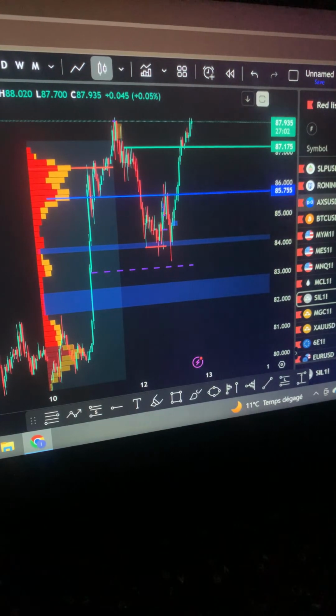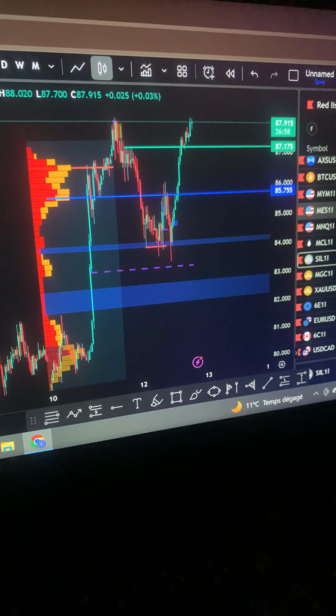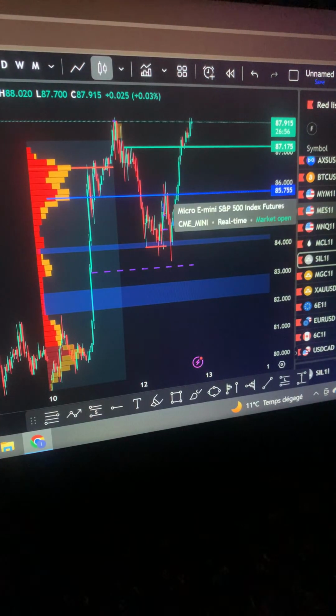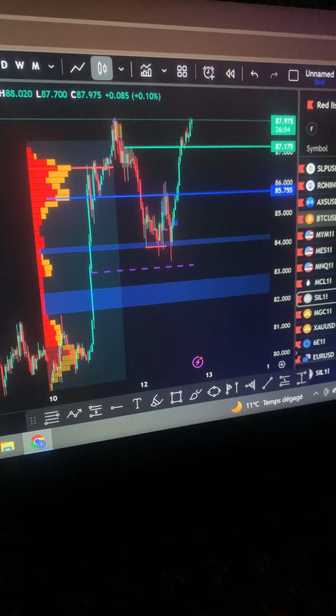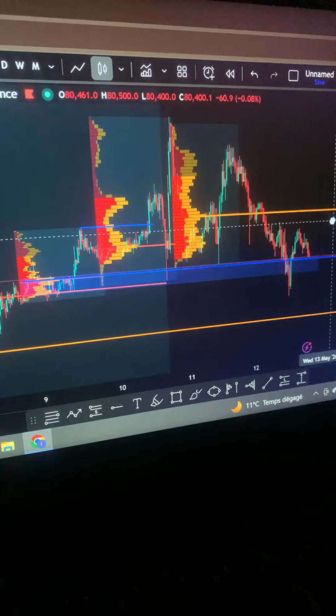The main idea here is we are going to use the volume profile. We are going to analyze, and then we'll see if maybe we can find some opportunities in Bitcoin.